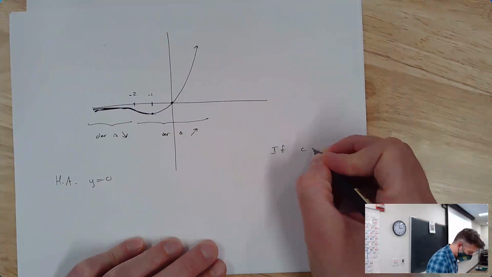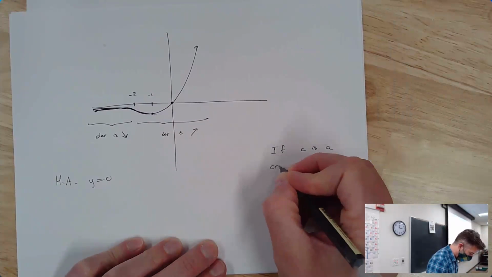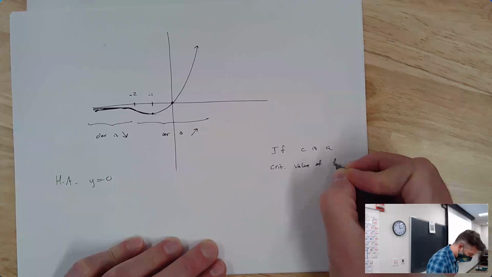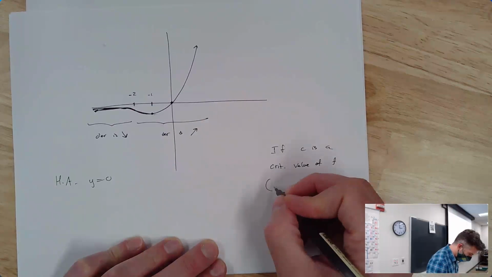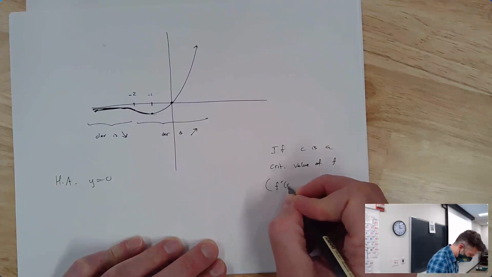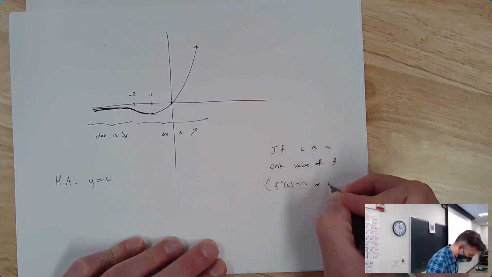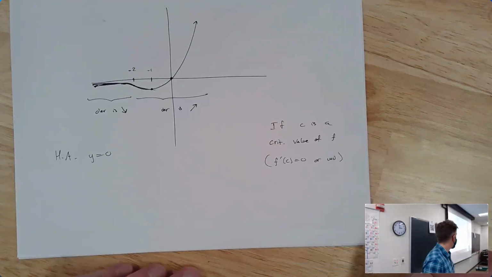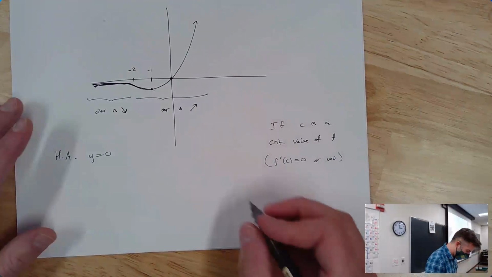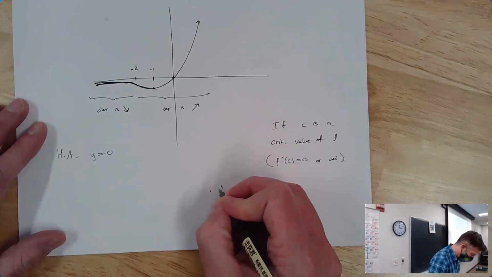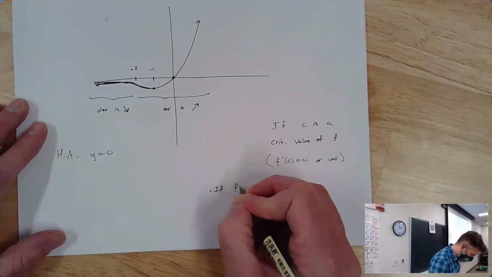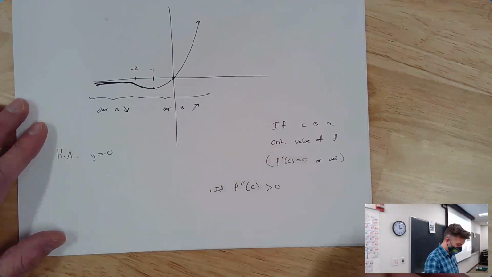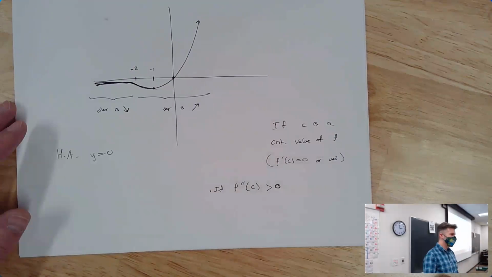If c is a critical value of your first derivative, meaning f prime of c is 0 or undefined, then instead of doing the first derivative test, you can say, well, if the second derivative evaluated at c is positive, what does that mean?